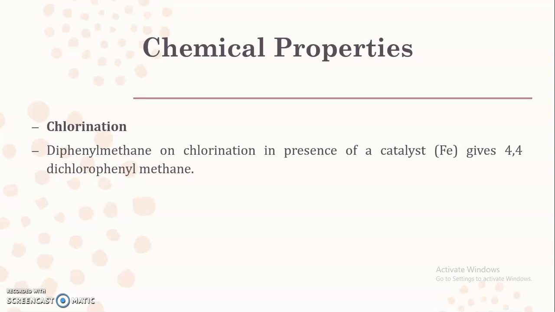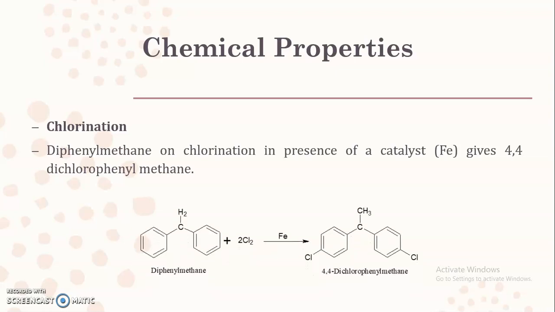Diphenyl methane on chlorination in presence of a catalyst, for example iron, gives 4,4-dichlorophenyl methane. Like our nitration, here also we can perform the chlorination or halogenation reaction in presence of iron as a catalyst. You can remember that diphenyl methane, when it is reacted with 2 moles of chlorine in presence of iron, gives us 4,4-dichlorophenyl methane.